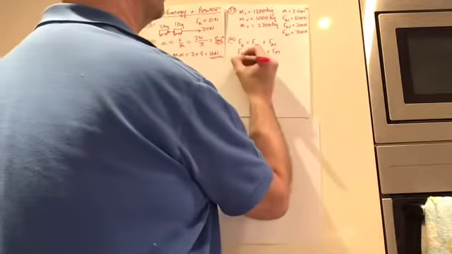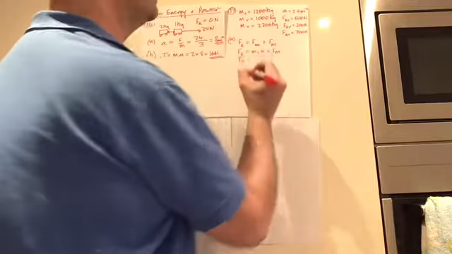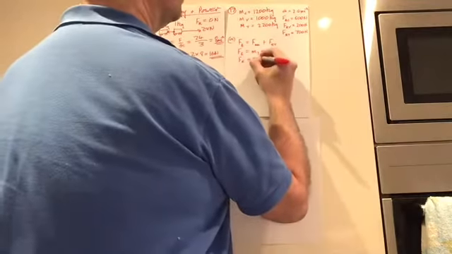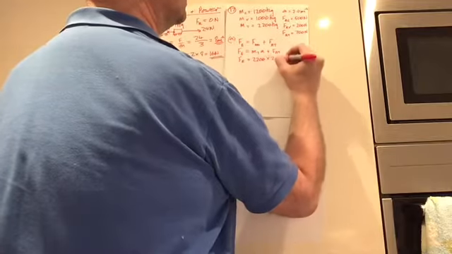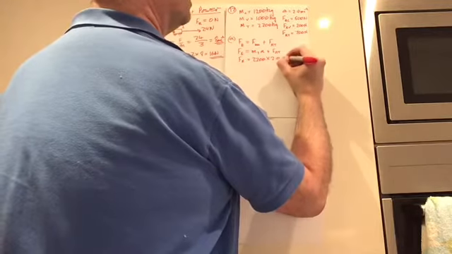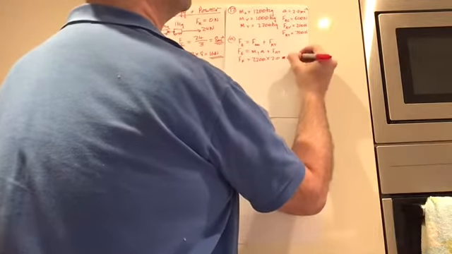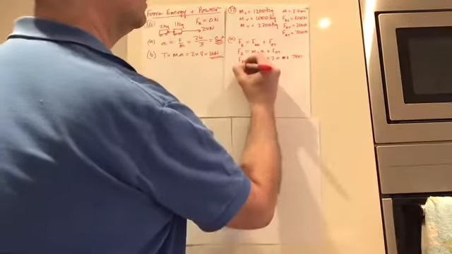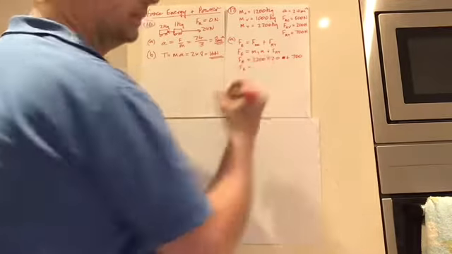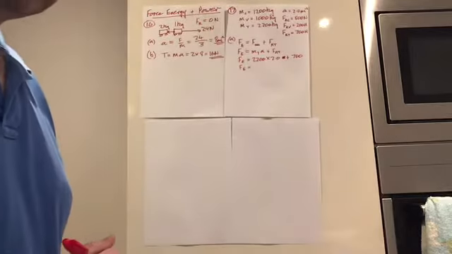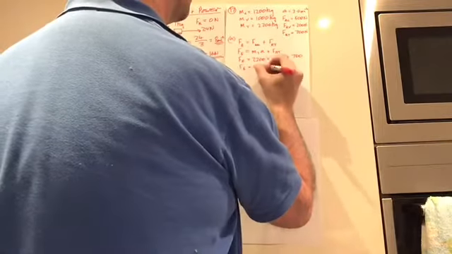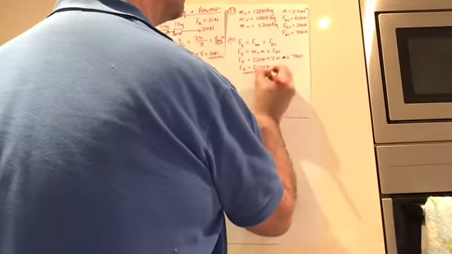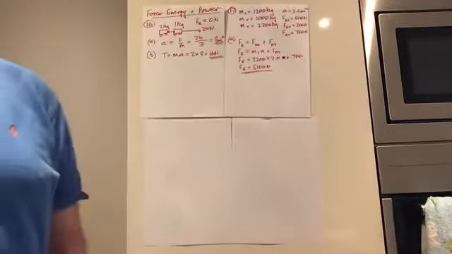Doing a bit of algebra here just to show that we can still do it after all these years. That will be 2,200 kilograms times 2 meters per second squared plus 700 newtons for the friction, which means the force from the engine must be 5,100 newtons. There we go. And that's part A done.